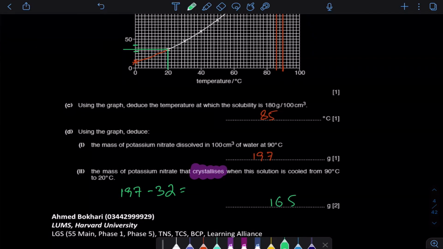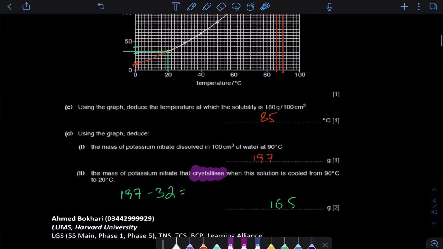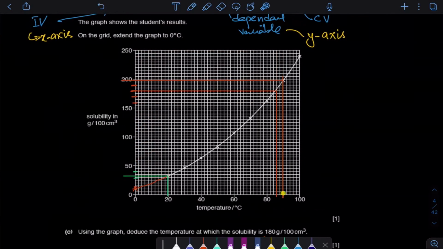Of course, you will have to show this on the graph for the examiner to give you the mark. Without seeing these points, the examiner will not give marks. You just subtract them: at 90 it was 197, at 20 it is 65 or whatever it is, that is still dissolved, but everything in between has crystallized, so this is no longer dissolved. Okay, so this is crystallizing.